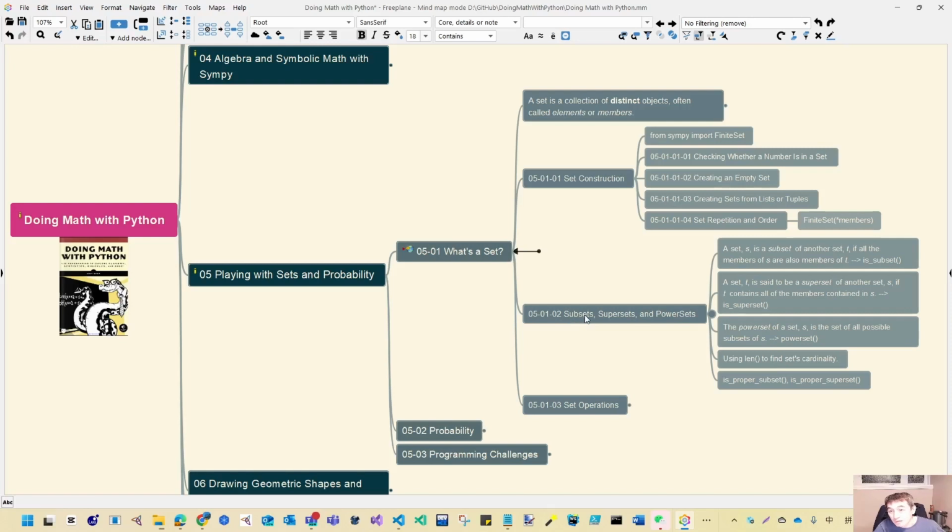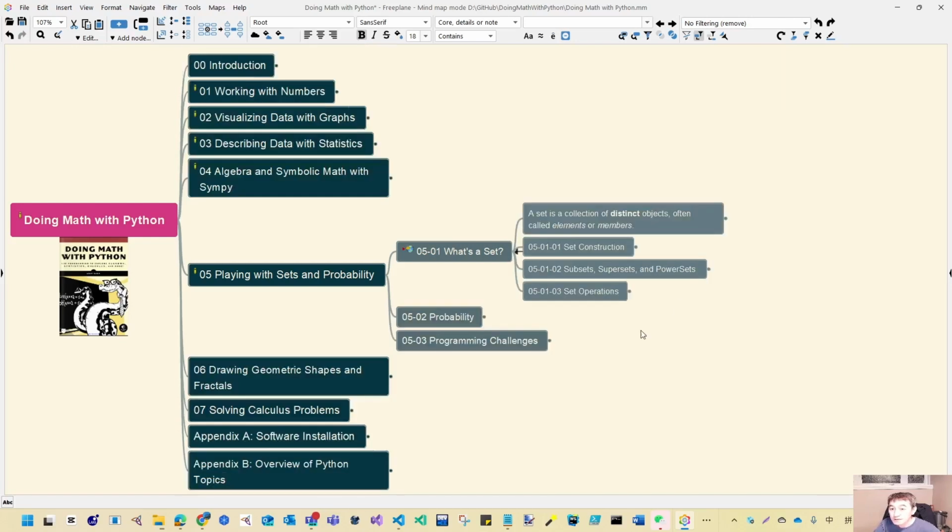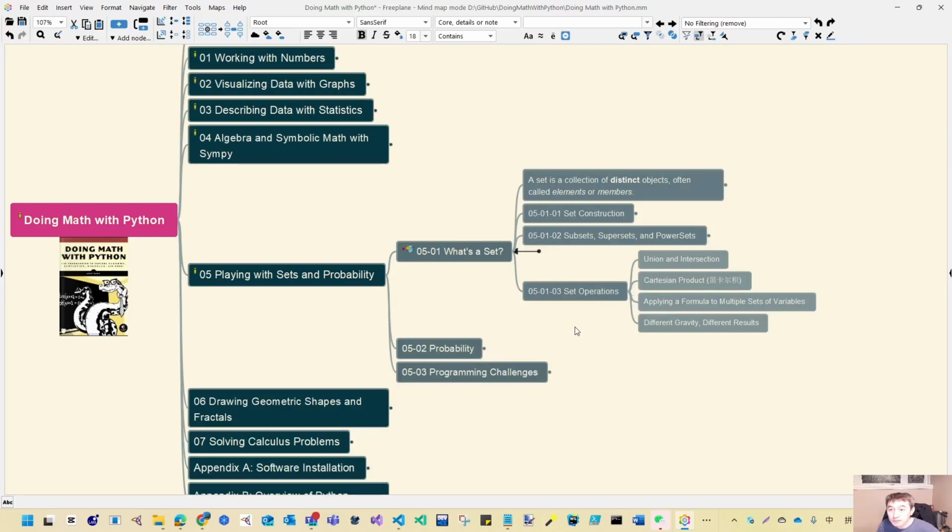And then we talked about the different relationships: subset, superset, power set, and also proper subset and proper superset. I hope with those you have enough knowledge on hand for sets and set-related concepts.